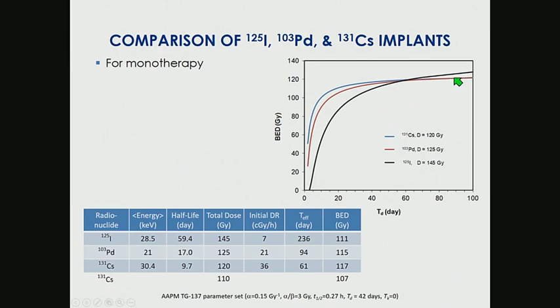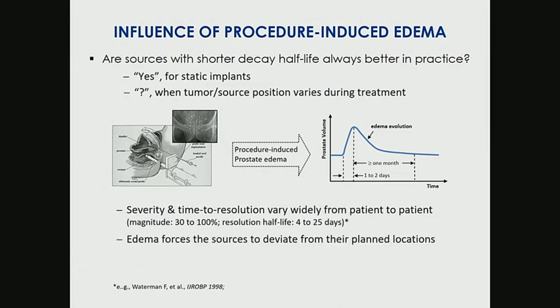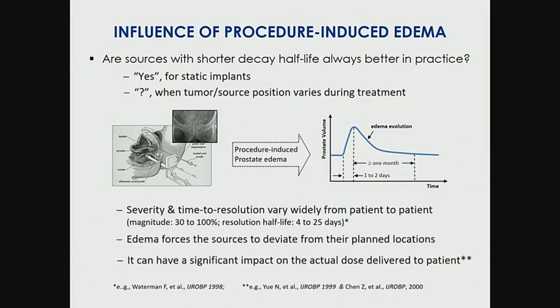Iodine-125 is generally a little bit more effective for slower growing tumors, and short-lived isotopes are more effective against faster growing tumors. Anyway, I'm going to skip this one for the sake of time.